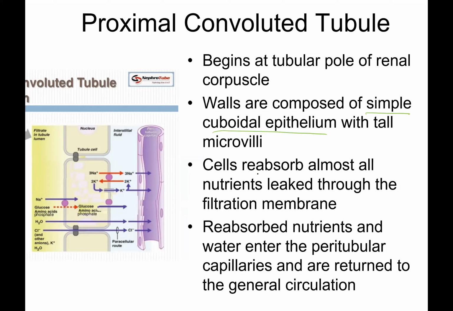Through the whole thing, the proximal convoluted tubule, the loop of Henle, and the distal convoluted tubule, the whole reason for all that distance is to reabsorb some things and to get rid of things. That starts in the proximal convoluted tubule, the reabsorption and filtration process.